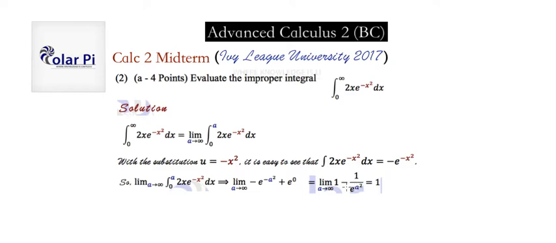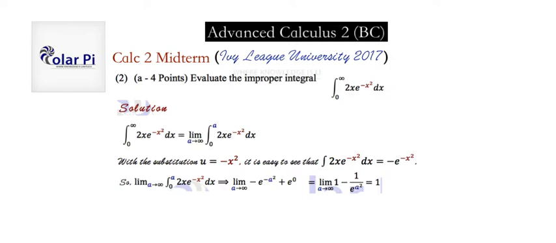Now when we send a to infinity, we're going to get 1 over something that tends towards infinity. So this quotient, 1 over infinity essentially, will go to 0. And so then we get 1 minus 0, or 1. Okay, so that's it for part A.